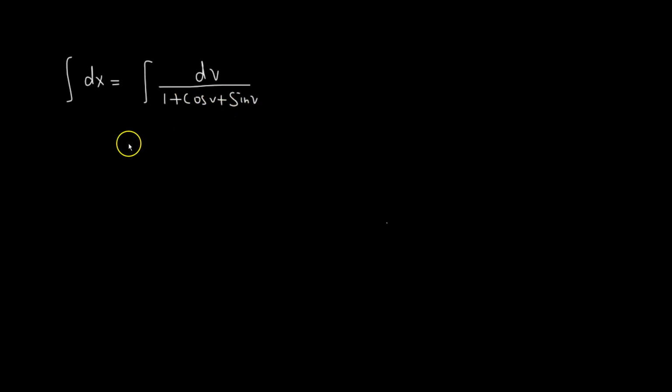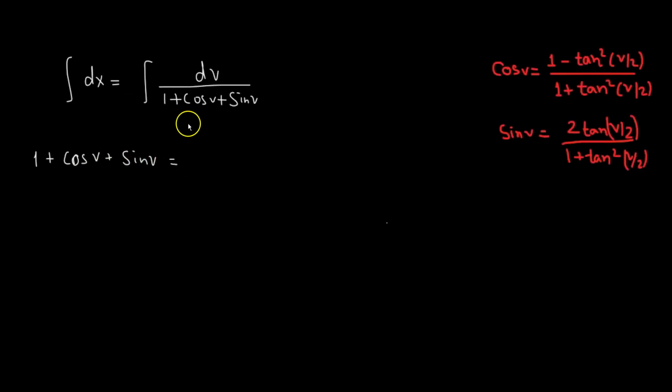So let's start with the denominator. So we have 1 plus cosine v plus sine v. Here we are going to use an identity. So let me note down the identity. Here we have cosine of v and sine of v expressed in terms of tangent of v over 2.